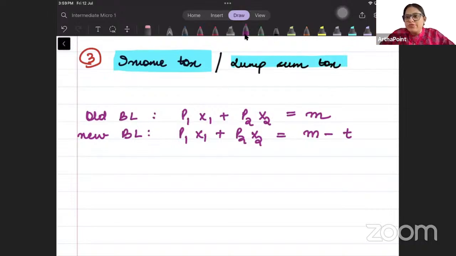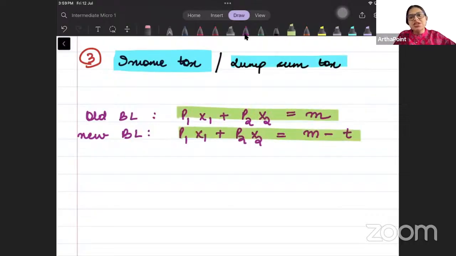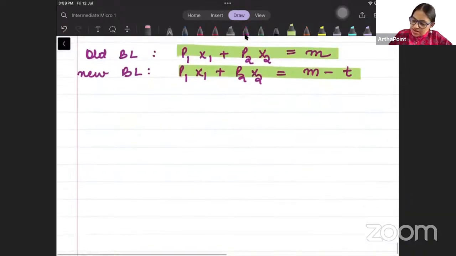I am reducing 100 rupees. I am reducing 200 rupees. So I am deducting some money from the income. That is called income tax. Is that clear? So this is my old budget line, beta, and this is my new budget line. Okay, beta. Let's take an example.